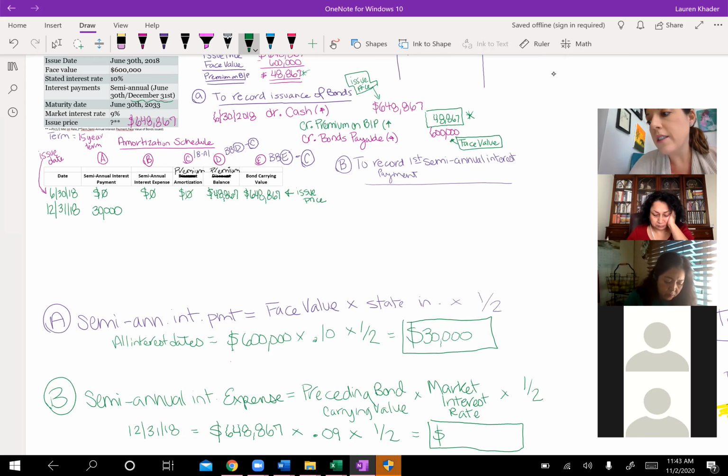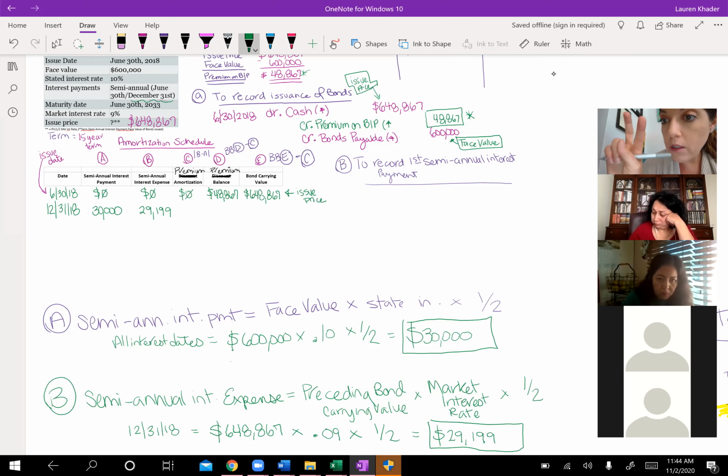What amount of interest expense will we record this period? $29,199. Correct. Interest expense is always the ugly number. It's not a pretty round number. The amount of amortization is the difference in its absolute value.